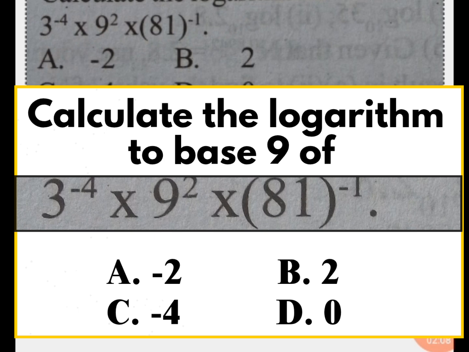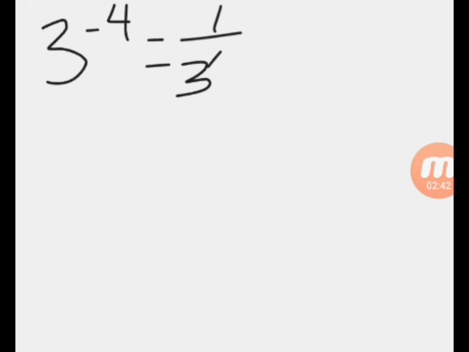Now, how do we convert 3 raised to the power minus 4 to a number in base 9? We go 3 raised to the power minus 4. I want to work on this. When the power is negative, it becomes 1 over 3 raised to the power 4.